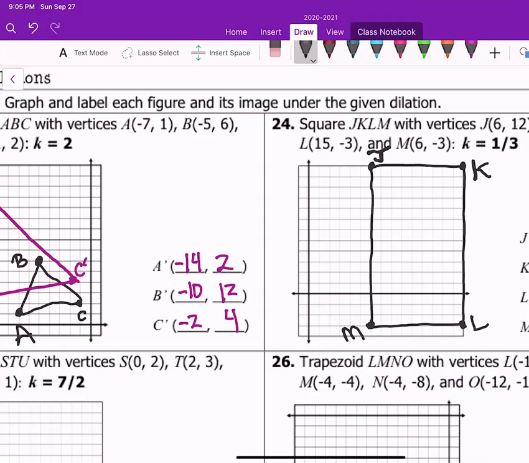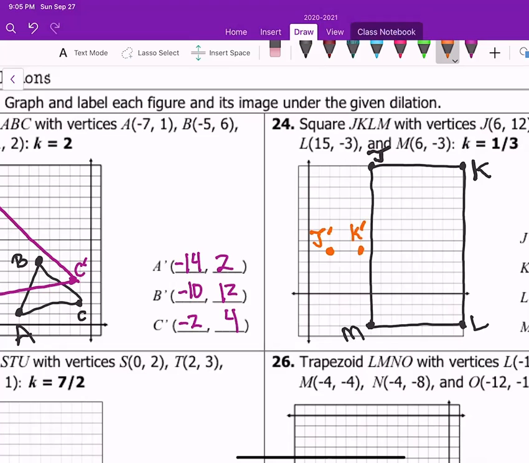So then let's draw them burnt orange, right? So 2, 4. So 2, 1, 2, 1, 2, 3, 4. 5, 4. So this is my J prime. And then 5, 4. So 2, 3, 4, 5. 1, 2, 3, 4. This is my K prime.